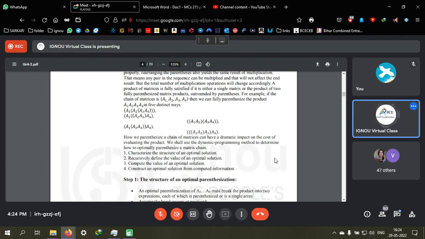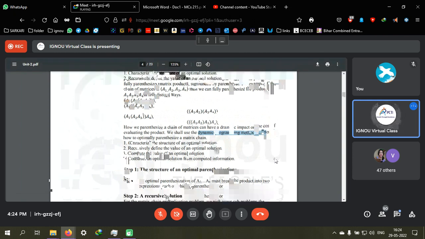So for this, we have a dynamic programming method to determine how to optimally parenthesize a matrix chain. We have some steps for that.